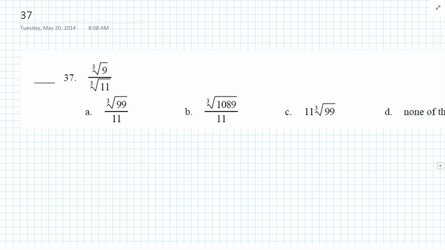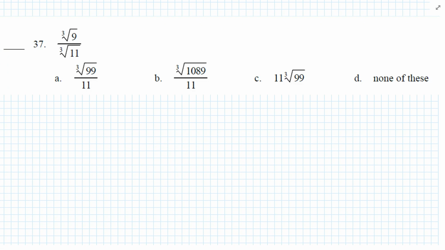37. Cube root of 9 over the cube root of 11. Okay. Well, we can't simplify 9 over 11, can we? But what do our rules tell us? We cannot have a radical in the denominator.